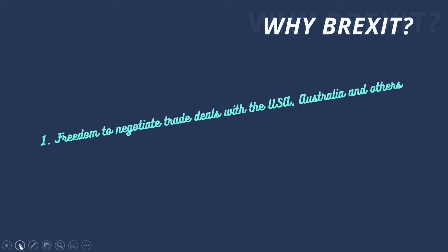It is the European Union that negotiates trade deals for all the EU member countries, and all those trade deals are the same for all these countries. And the UK did not like this because they think that going on their own they could have the opportunity to negotiate better trade deals with countries with whom they have a special relationship, like the USA or Australia.